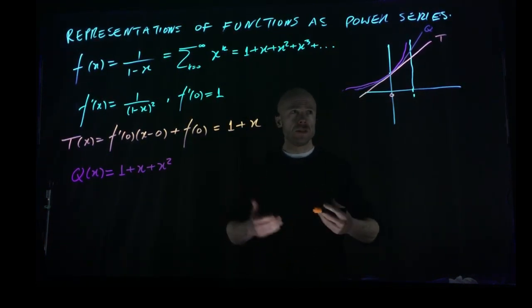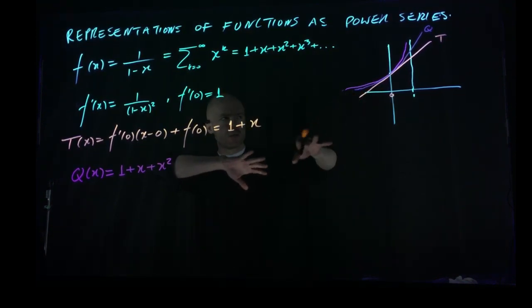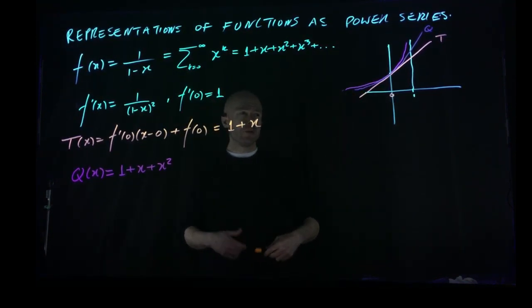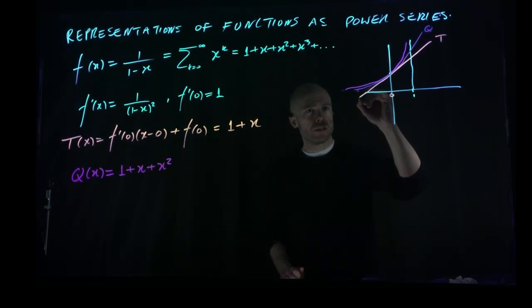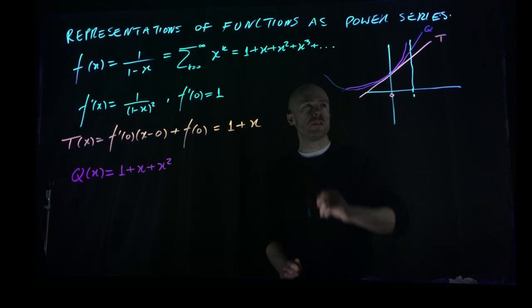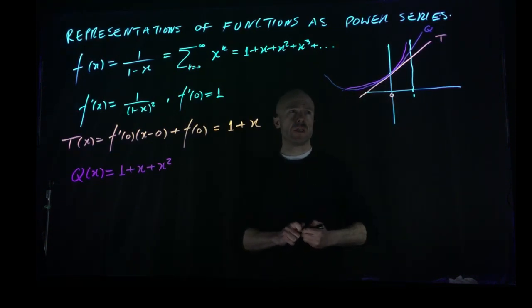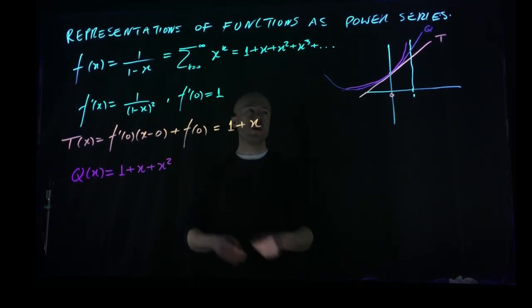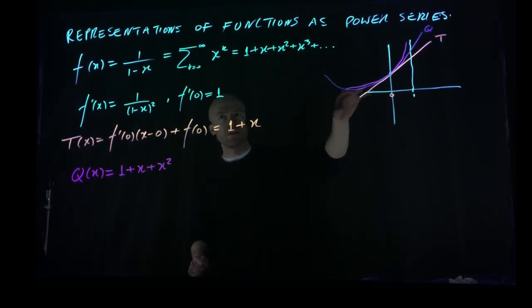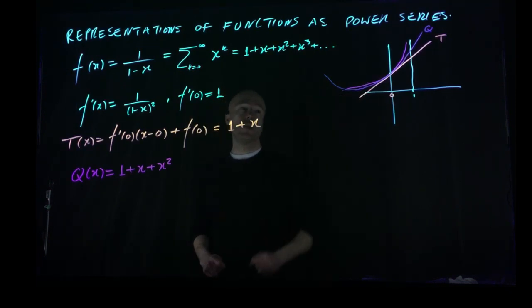So q is doing a better job of approximating it, and if we want to do yet a better job, well, if we continue q, since it's a quadratic, it would start to bend upwards like this, which is not what we see happening to our function. So if we actually took another term and put an x to the 3 term afterwards, that would start to account for the fact it's not bending upwards as we go to the left.